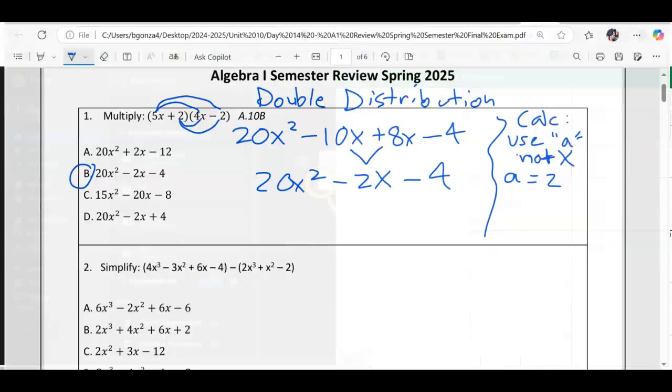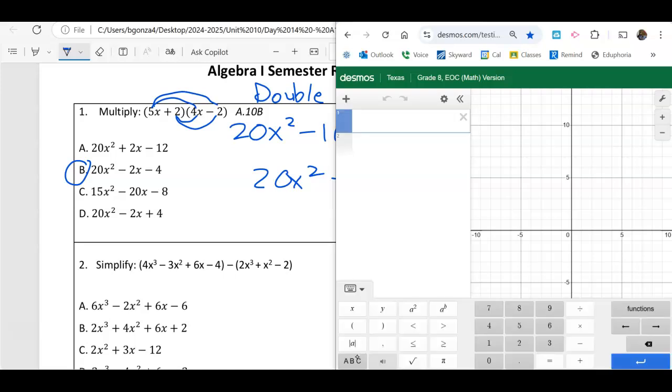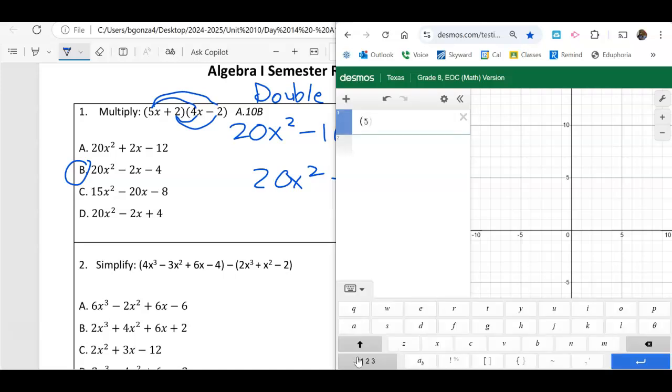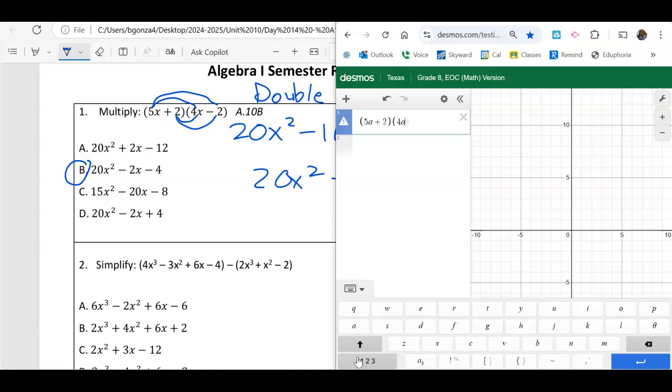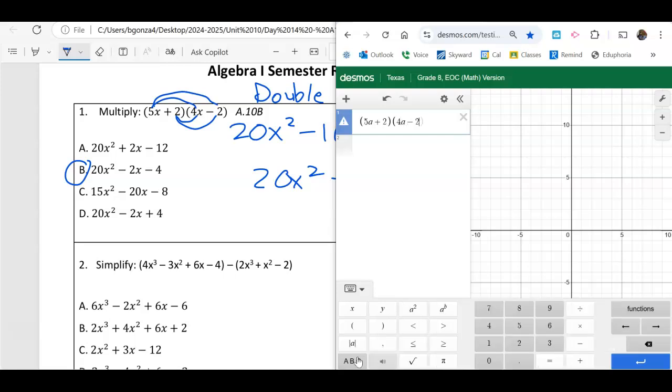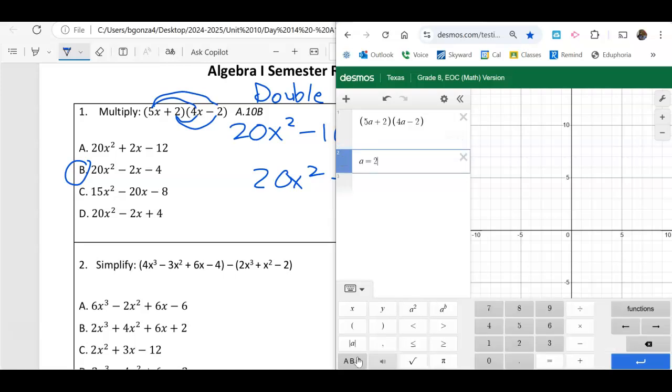So for example, if I type this in using A, 5a plus 2, 4a minus 2, okay, and then I set a equal to 2, it gives me 72. So then all I got to do is start typing in my answer choices.